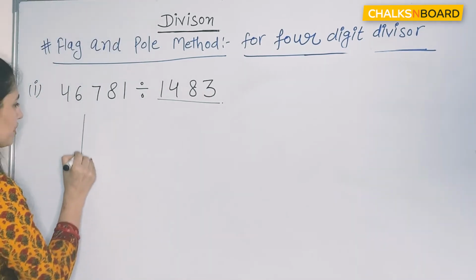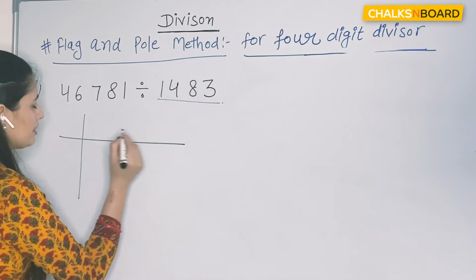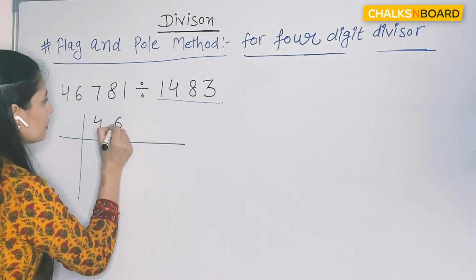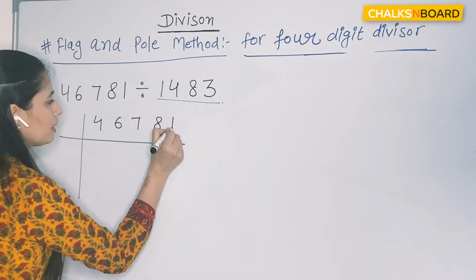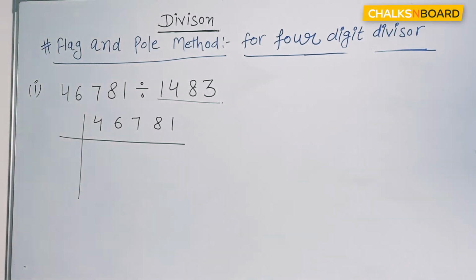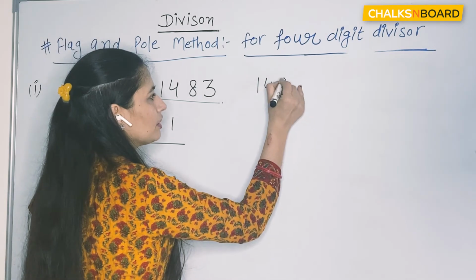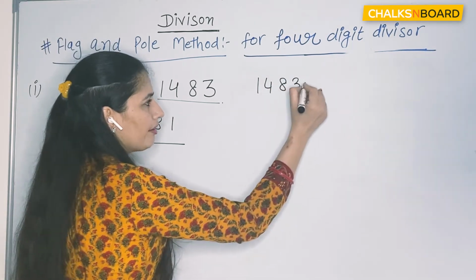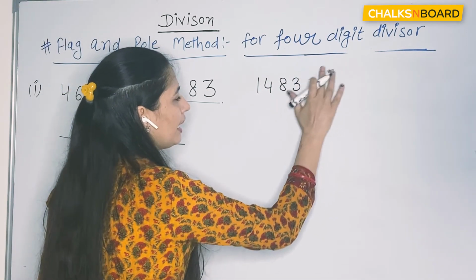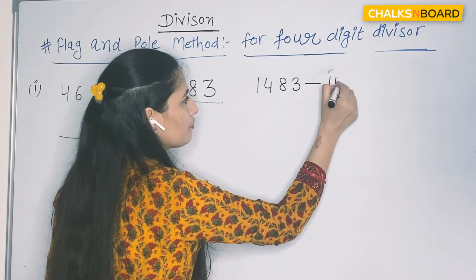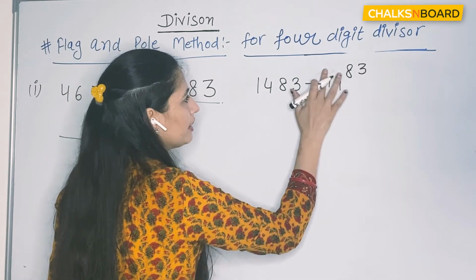Process will be same. First write the number as it is. That is 46,781. First we can write this 1483 like this. That is 14 raised to power 83.